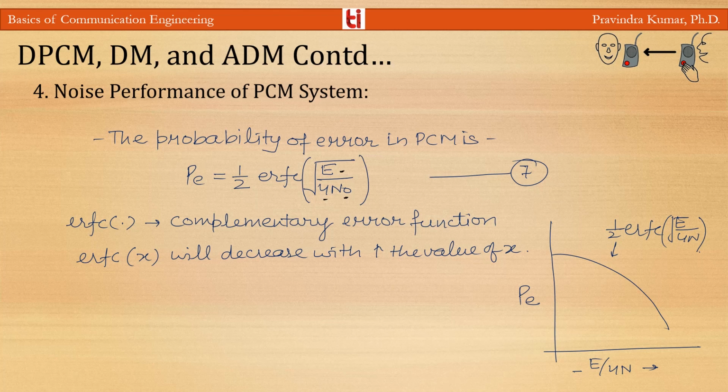That is, erfc will decrease with increase in the value of under root E by 4 N0, and so with the increase in the energy content of the transmitted PCM signal, the error probability decreases and noise performance is improved. So you can see here the noise performance will be improved if I increase the energy content in the signal.